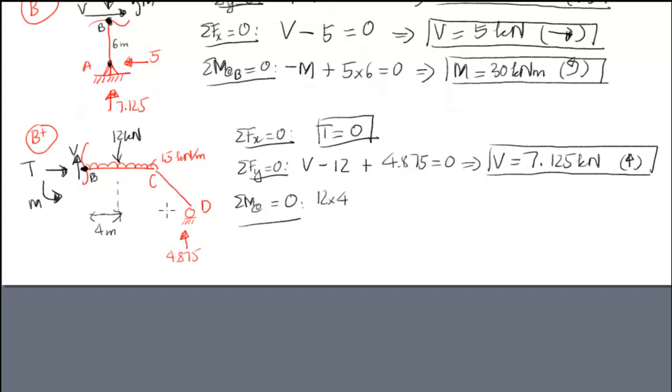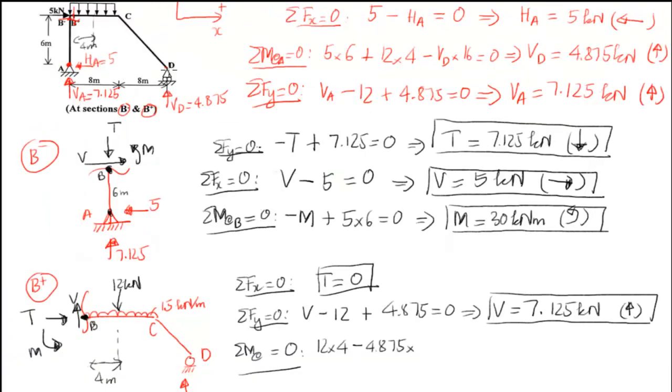Okay, and now this reaction force goes anti-clockwise around B, right? Around B here, anti-clockwise. So it will be negative 4.875 times the lever arm. The lever arm from this point D to B is 16 meters.